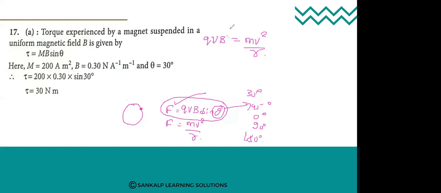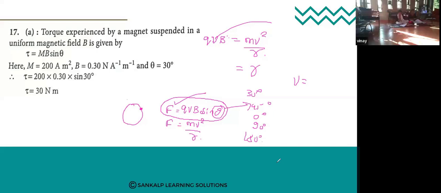So just equate these two equations, qvB is equal to mv square by r. For this formula, if they are asking for the radius, simplify the formula for radius. If they are asking for the velocity, simplify for velocity. If they ask for mass, modify it for mass. So you just need to equate these two equations and modify what is asked in the question. Is it clear? Yes, ma'am.